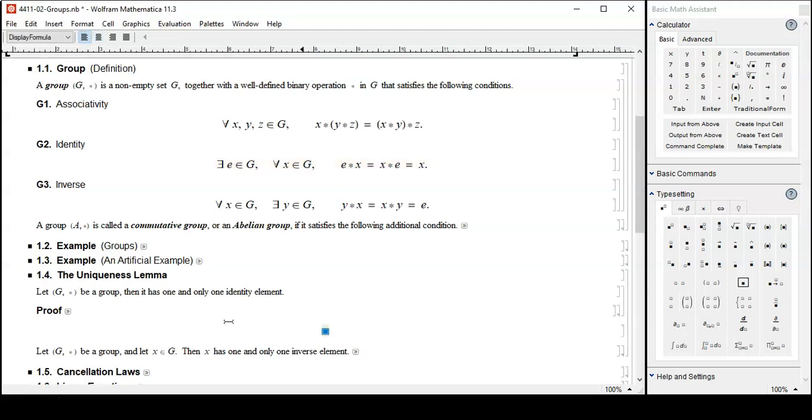So here we go. Suppose that we have E1 and E2. And then we want to prove E1 and E2 are the same.